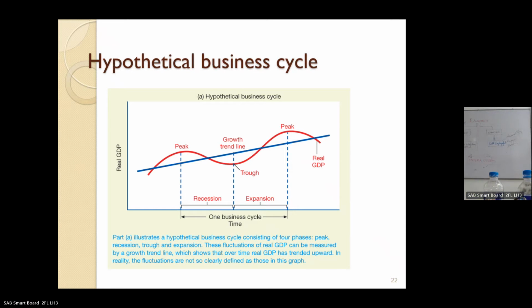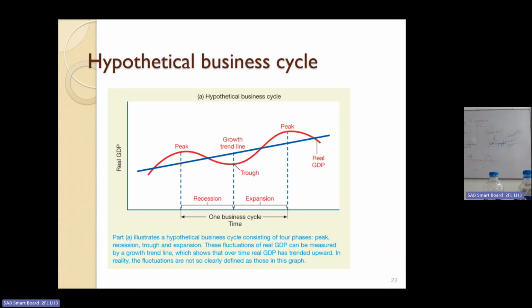This is the output, GDP. If you take the world output, this is the business cycle: the fluctuations of GDP, the actual output, along the long-term trend path. So the business cycle explains the fluctuations of real GDP along the trend path.